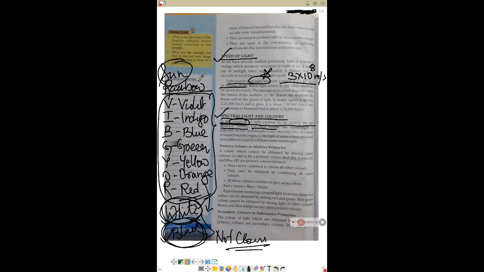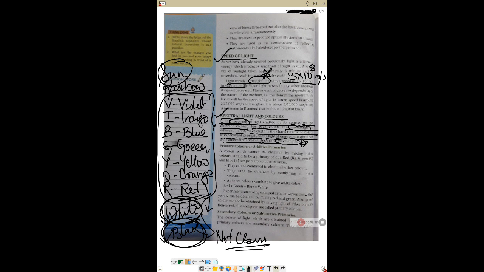For each color the wavelength is different. About wavelength we'll learn in the higher classes. In fact, wavelength is a characteristic irrespective of its origin. That is, light of the same color obtained from different sources will have the same wavelength. So just remember this much.